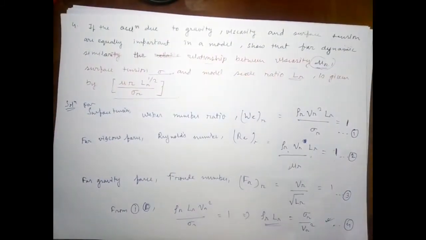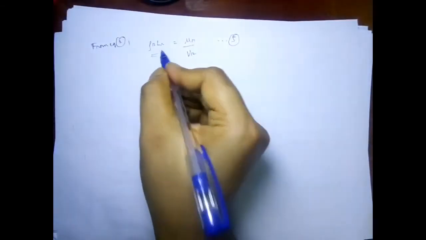From equation 4 and 5 we can relate both of them, because this one is equal to rho r Lr, and this is also equal to rho r Lr.